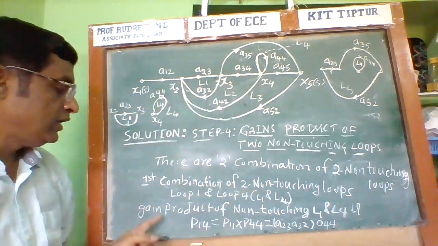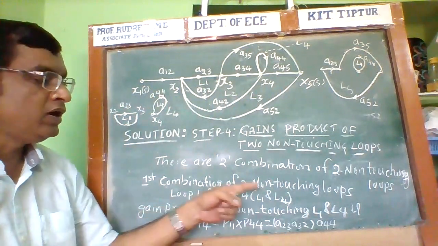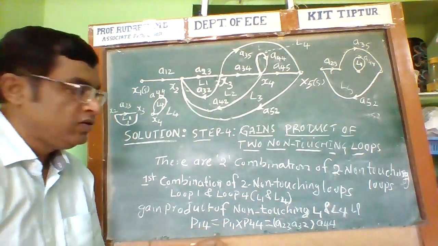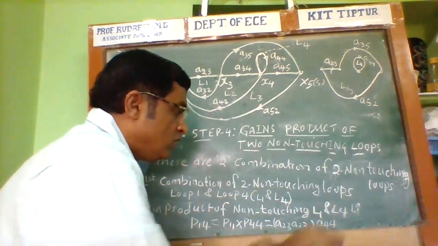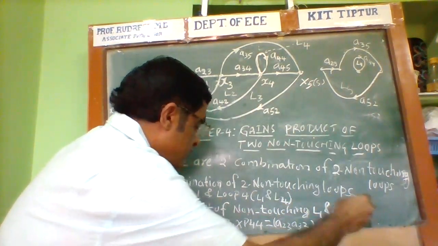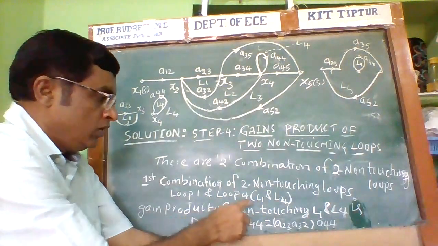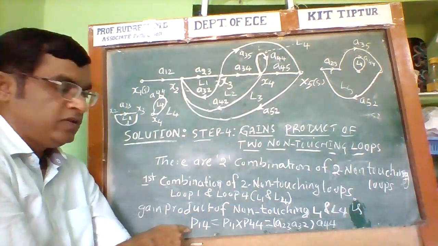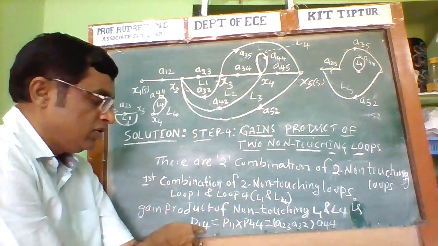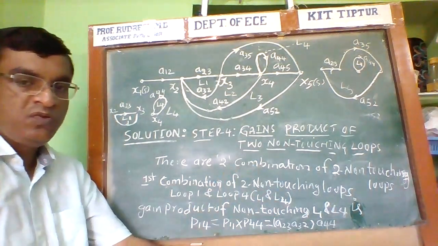We go for calculating the gains product of the non-touching loops L1 and L4, denoted by P14. P is the gain, 1 indicates loop L1, and 4 indicates loop 4.